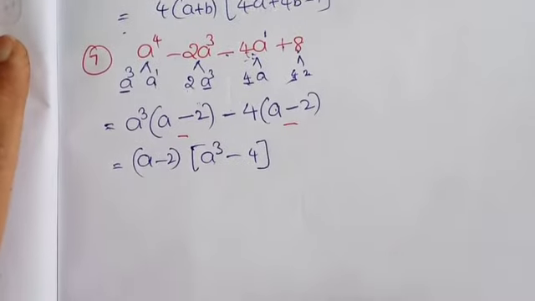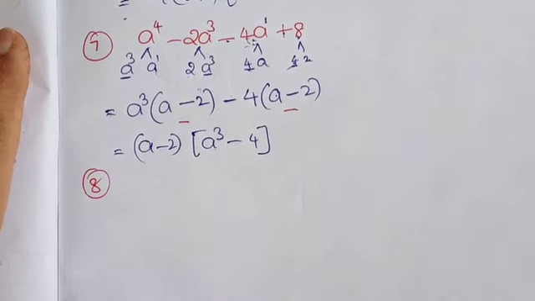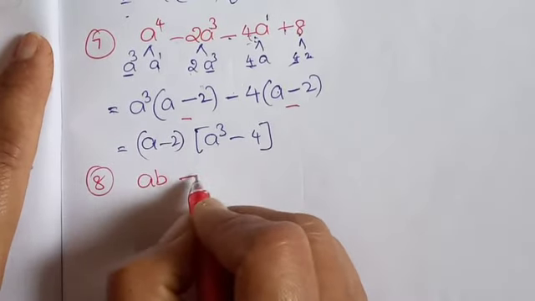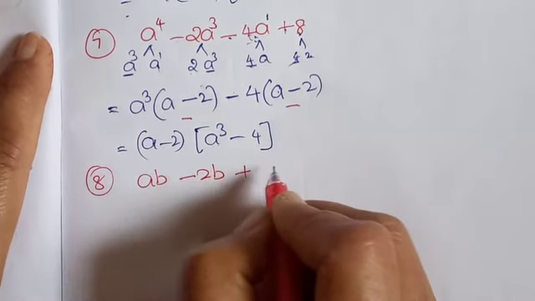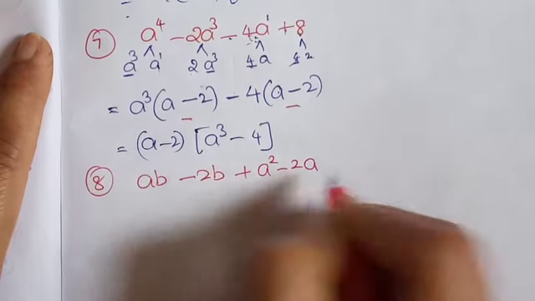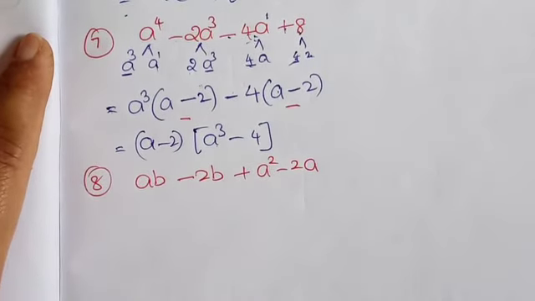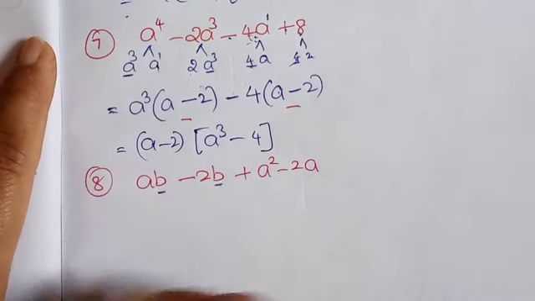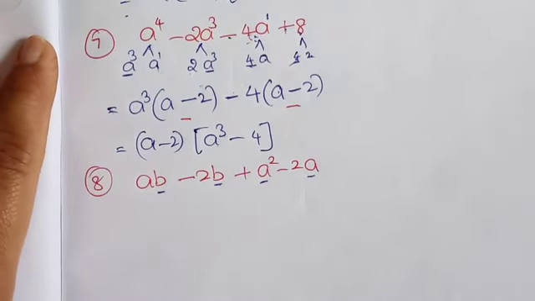Okay. Next, eighth question: ab − 2b + a² − 2a. So here again b is common, a is common. Very simple.